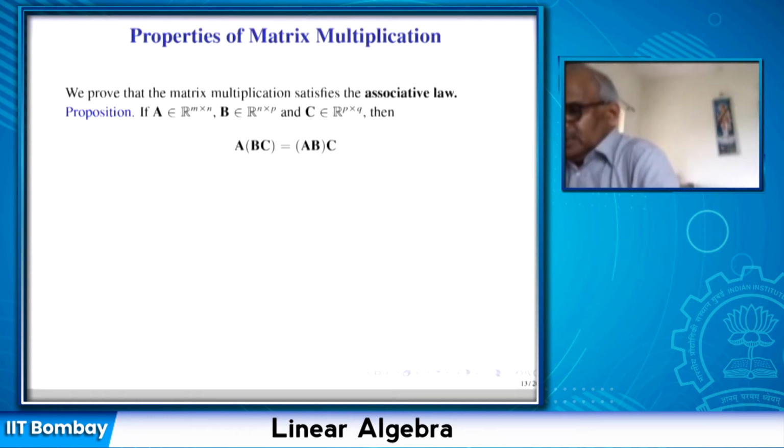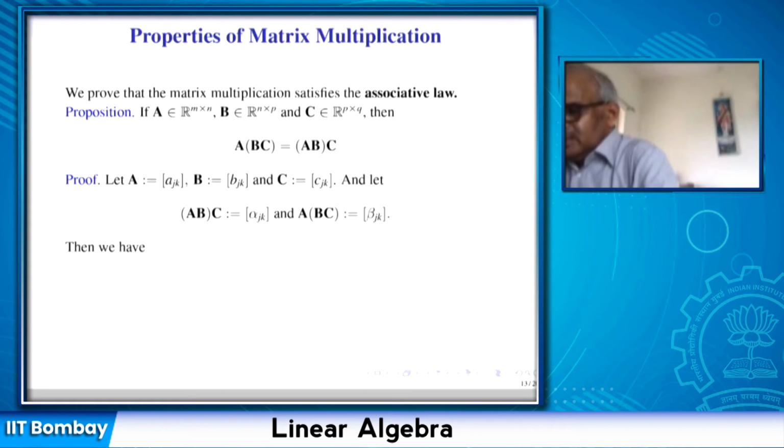Okay. So matrix multiplication, as you saw, is defined in terms of the dot product of row vectors and column vectors. Matrix multiplication is not commutative, but the associativity, fortunately, is true. So matrix multiplication is an associative operation. I will leave the proof for you to check.